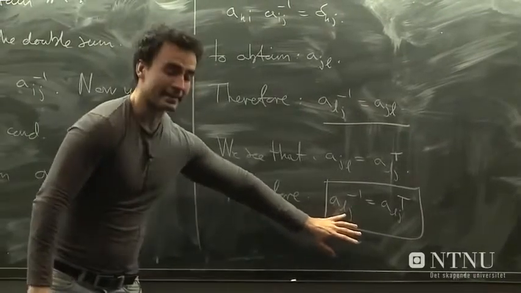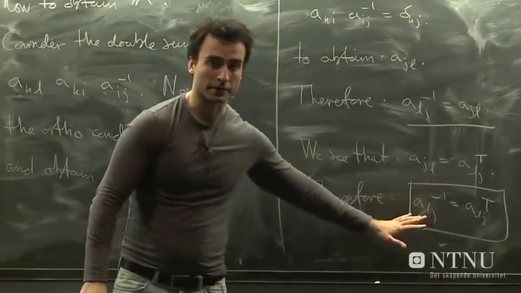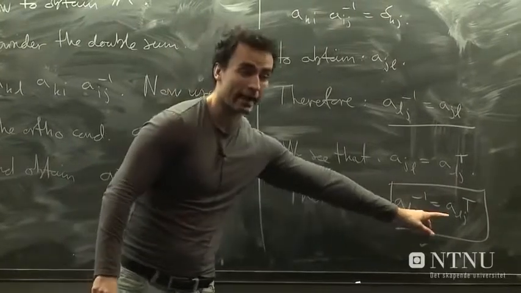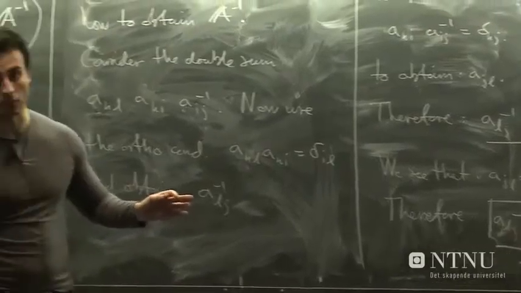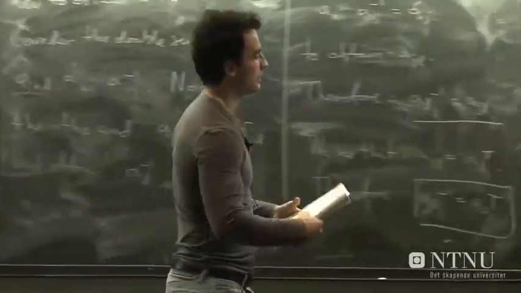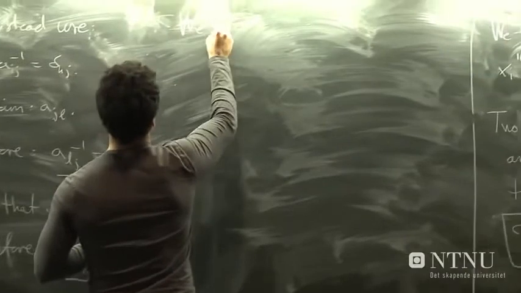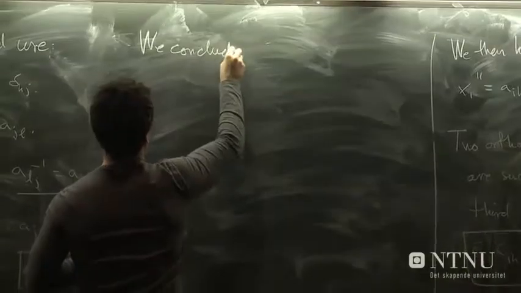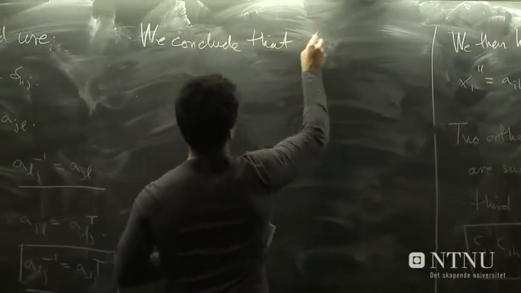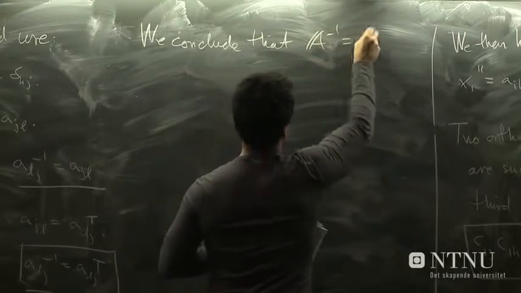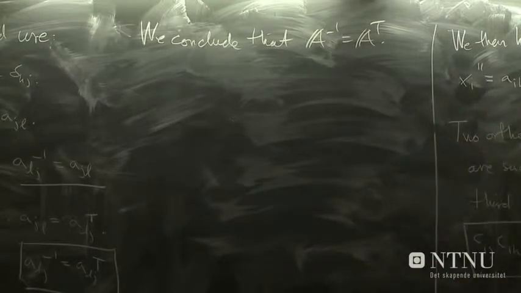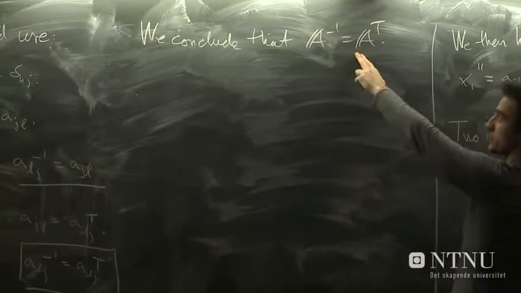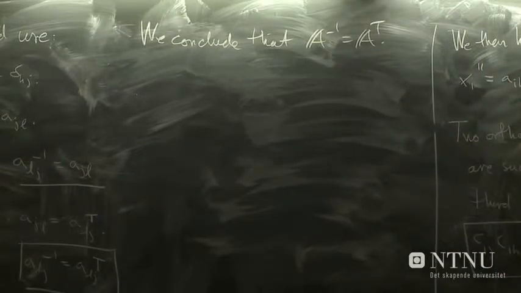So we see that the ljth element of the inverse matrix operation A is equal to the ljth element of the transpose matrix of A. And since this relation holds for each element, we can actually conclude that the inverse matrix operation A inverse is identically equal to the transpose matrix A.